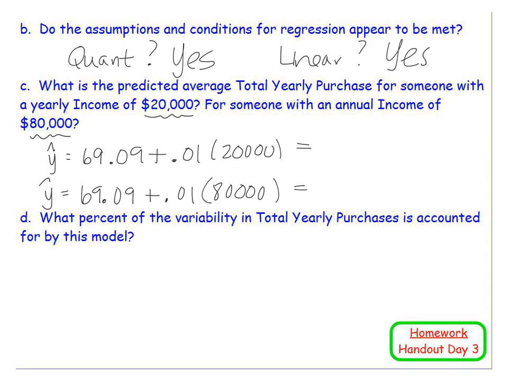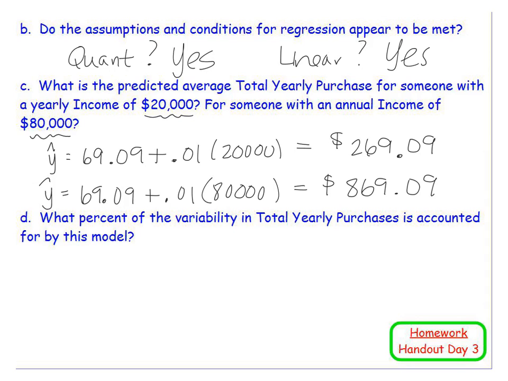So go ahead and pick up your calculators, type in the first one with 20,000, and hopefully you get the exact answer I get of 269.09, and then go back and do the exact same thing for 80,000, and I got 869.09. And so those are your two predictions.